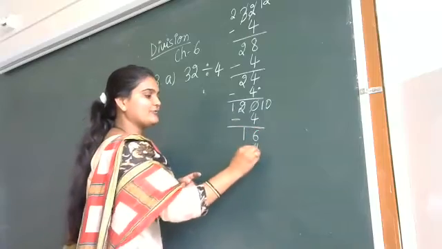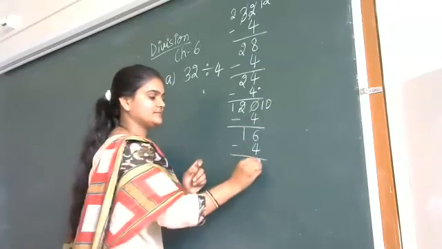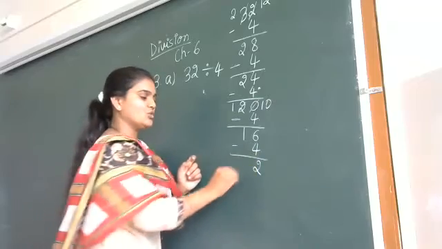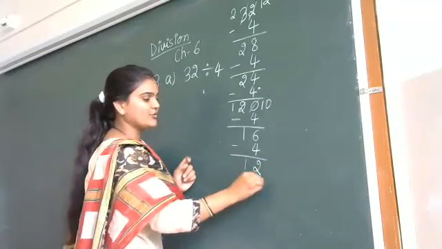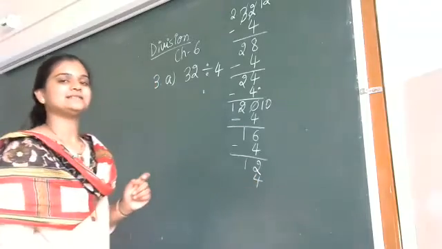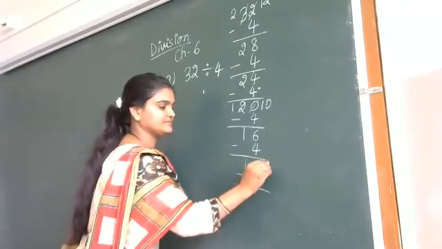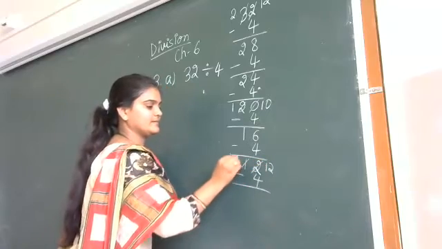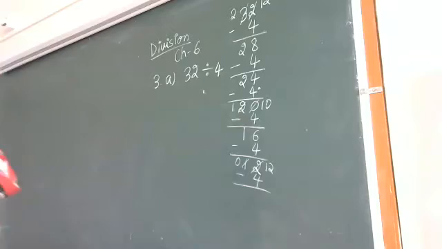Okay. Again subtract 4. 6 minus 4, 2. 1 will be as it is down. Again subtract 4. What will be the answer? 8.